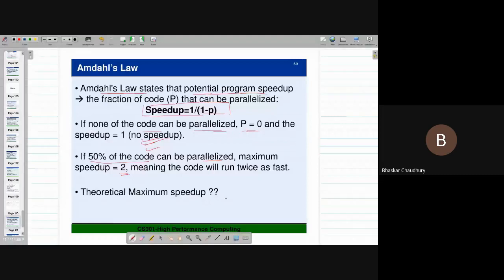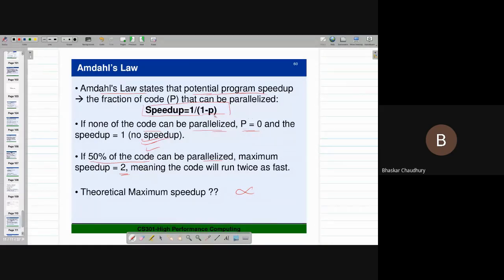Okay. So what is the theoretical maximum speed up? Theoretically, infinite, because p can become 1. This is a fraction. Either p can be 0 or it can take a value between 0 and 1.